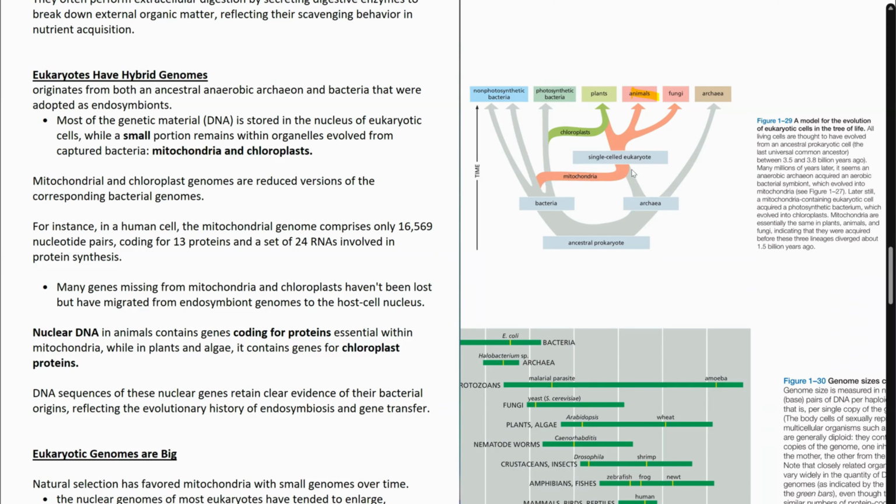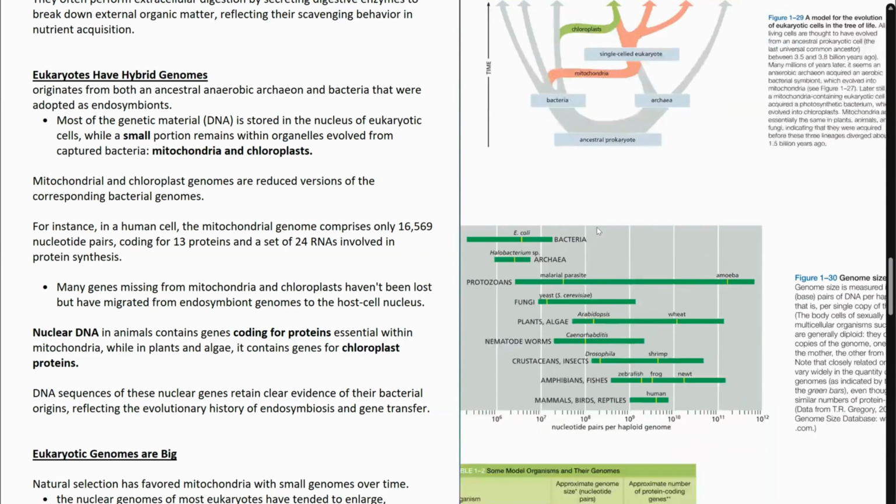And then that single-celled eukaryote that integrated mitochondria into its body furthermore integrated chloroplast, ultimately, which led to plants. Those that couldn't take in chloroplast ended up turning into animals and fungi. So it's a very nice depiction of what I was referring to.